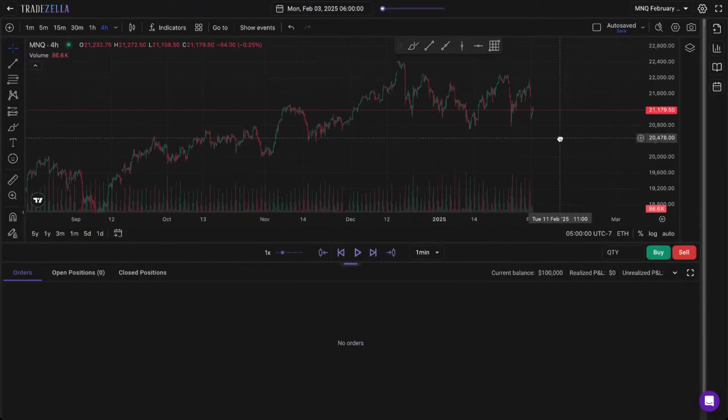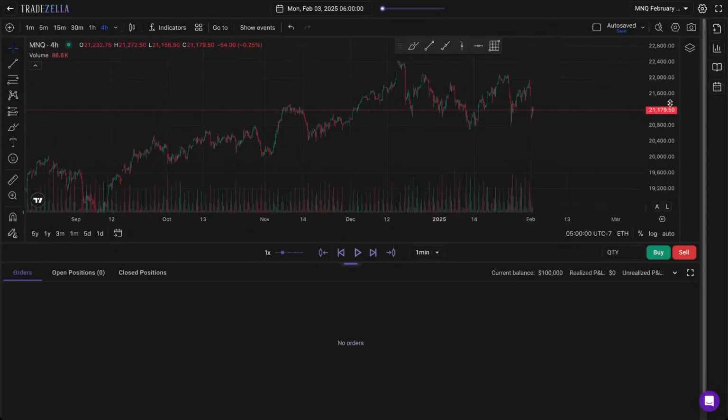This is hype. Okay, now we need to understand contract size. So we learned that NQ contract size was $5 a tick, and a tick size was 0.25.